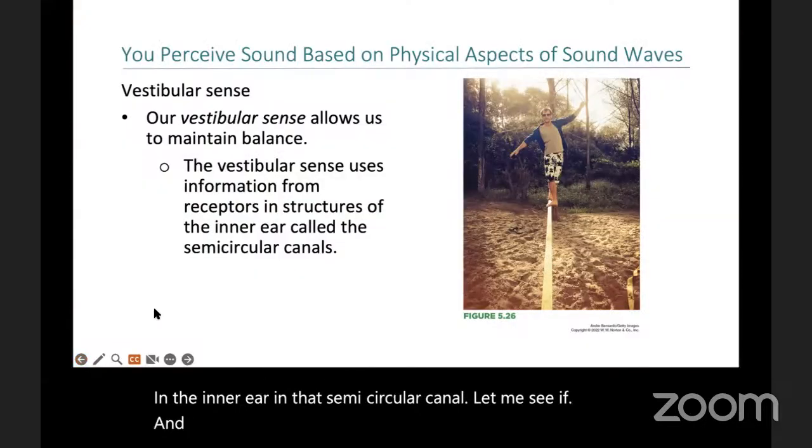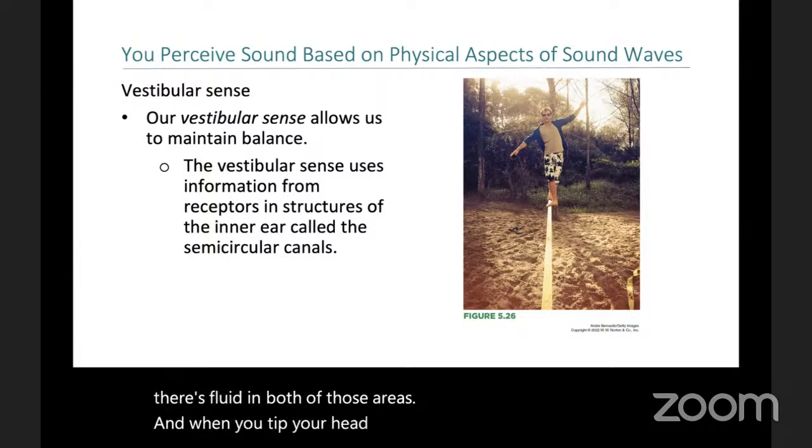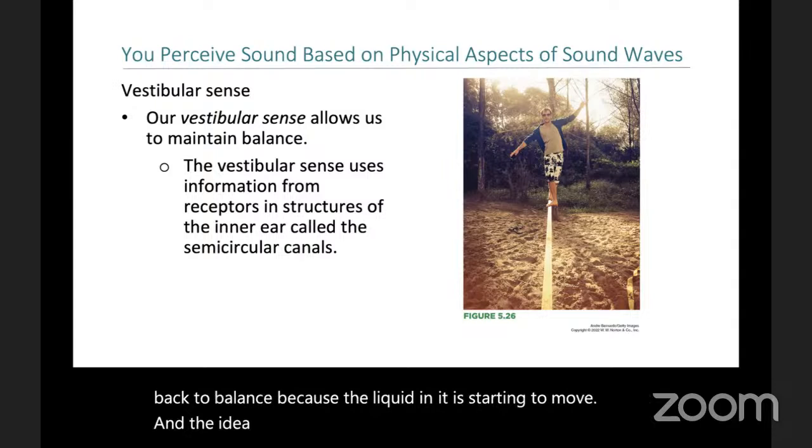If you want to think about it, there's fluid in both of those areas. When you tip your head one way, your body wants to bring it back to balance because the liquid in it is starting to move. The idea is the liquid in there wants to keep a homeostatic or level amount.